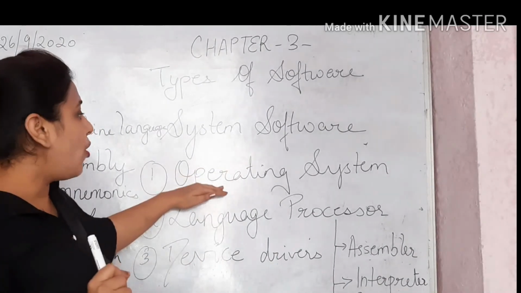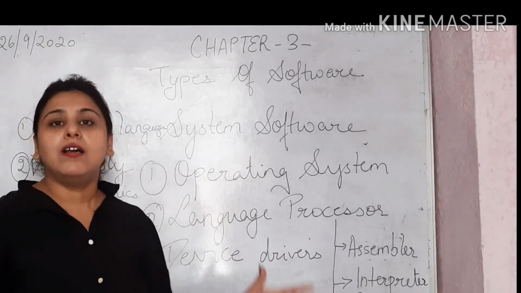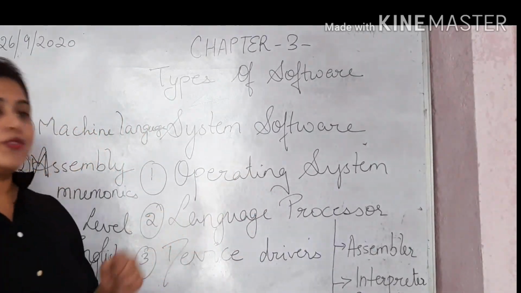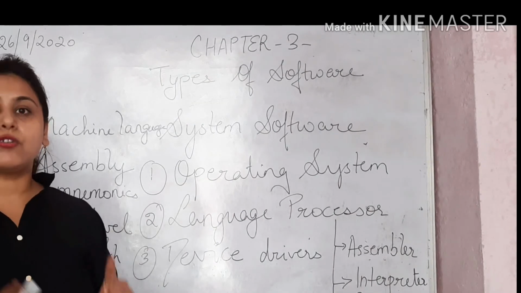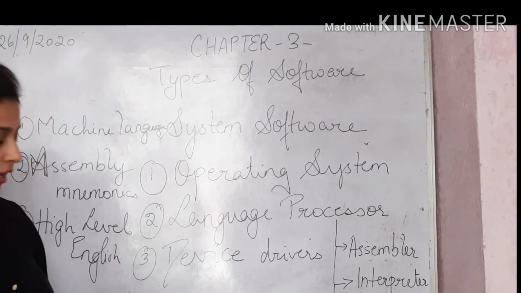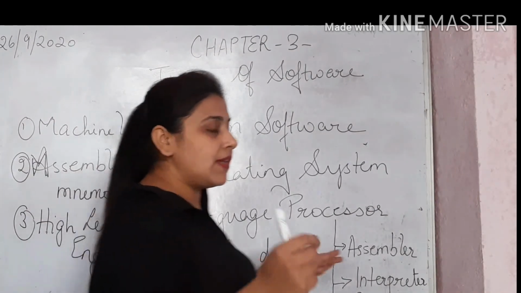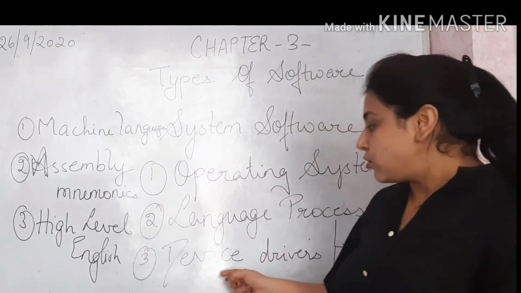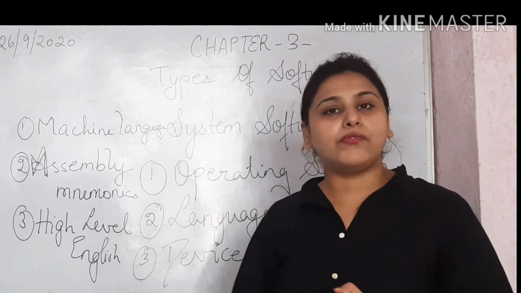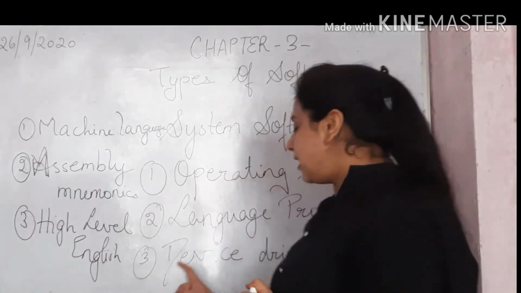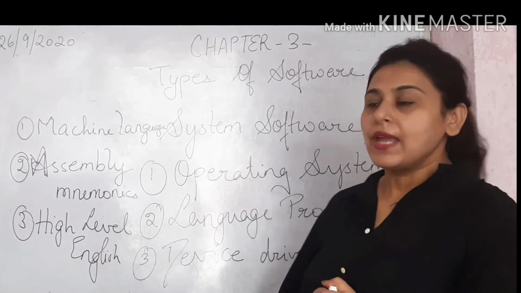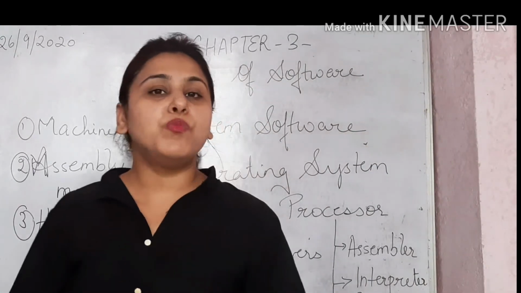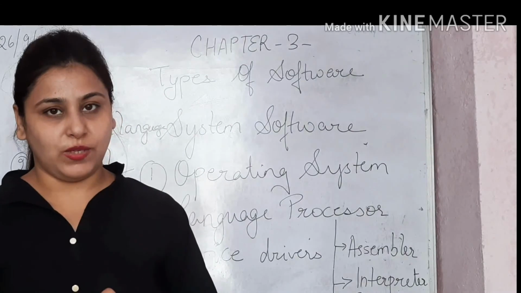So when the operating system checks whether the hardware is working properly or not, it makes use of device driver to check the proper functioning of the hardware. So all the devices, when you connect, need certain drivers. The managing of those drivers is the work of a device driver, and it helps the operating system in managing the smooth functioning of all your hardwares.